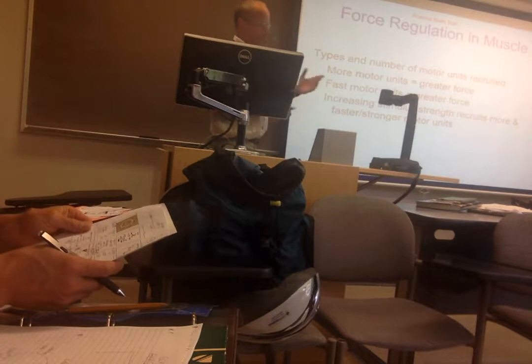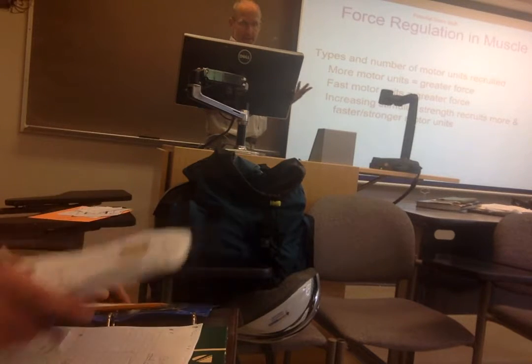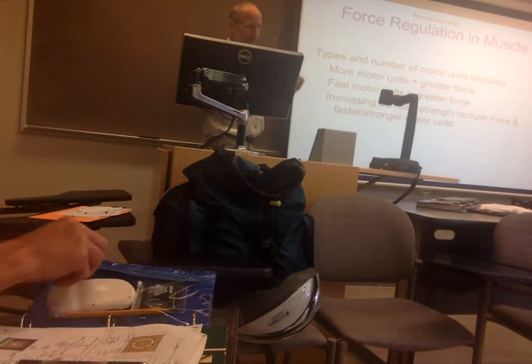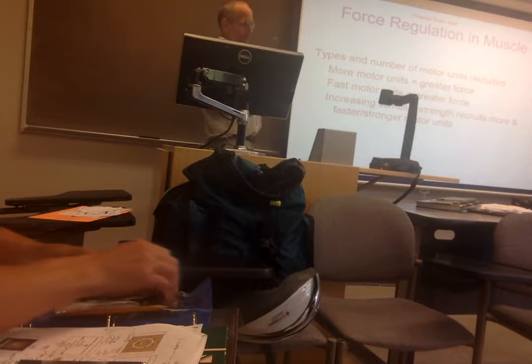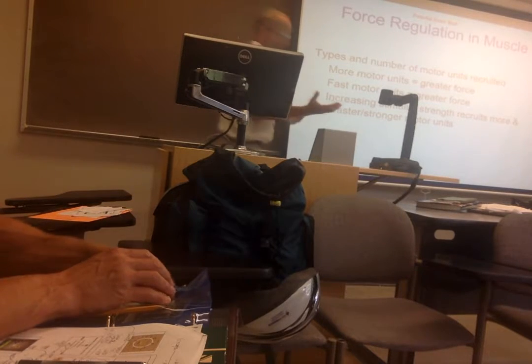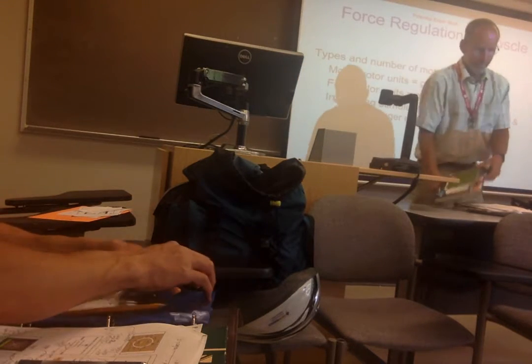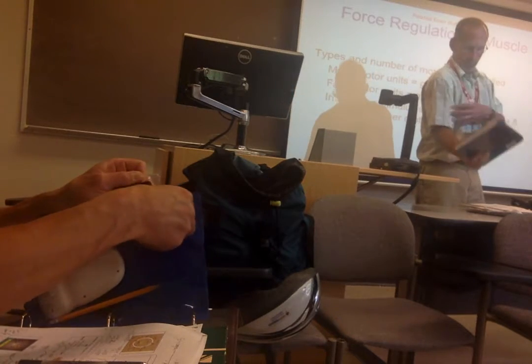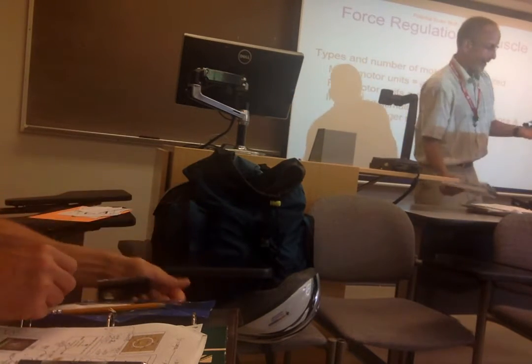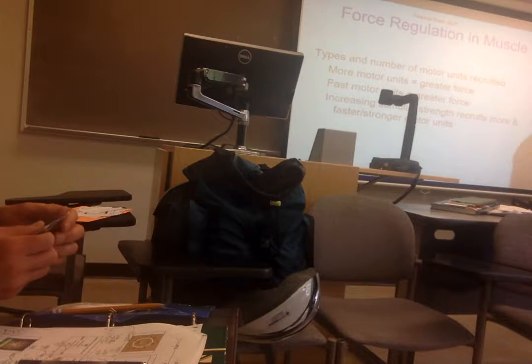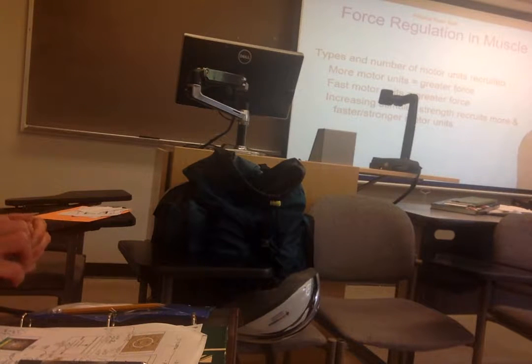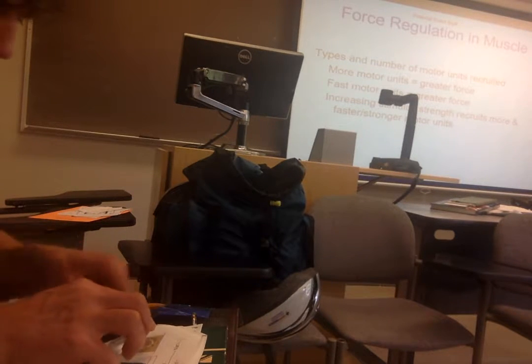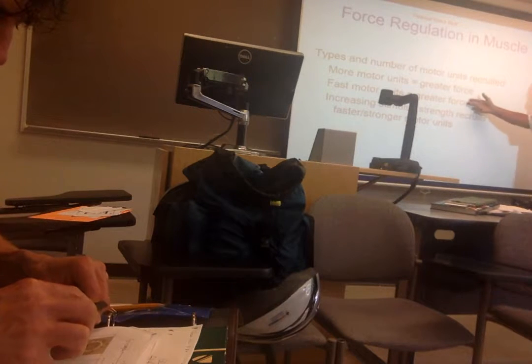Fast twitch motor units have greater force generation capacity because they're fast twitch fibers. They're bigger, they're stronger. So if I pick up this book and recruit some slow twitch motor units, 10 of them, and then I go to this heavy dumbbell, holy cow! Those 10 slow twitch motor units, however many fibers are associated with them, can't handle it. So I've got to recruit the fast twitch guys.